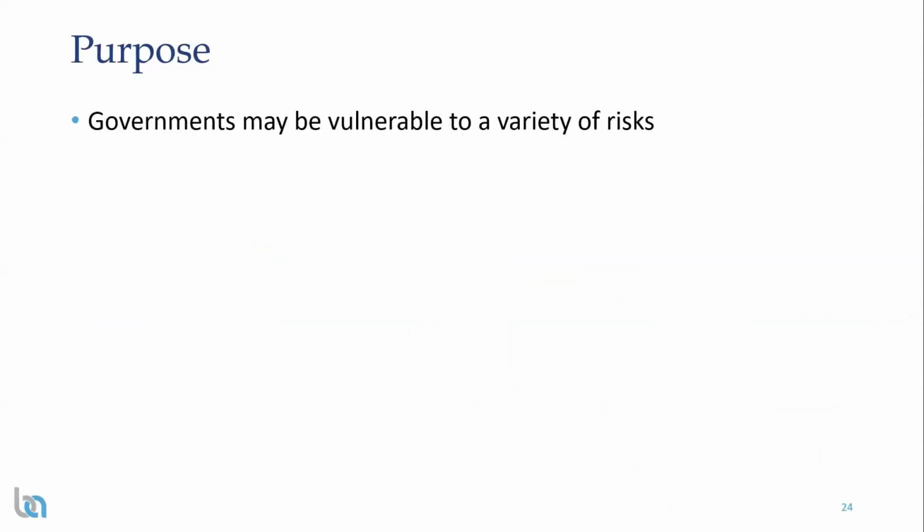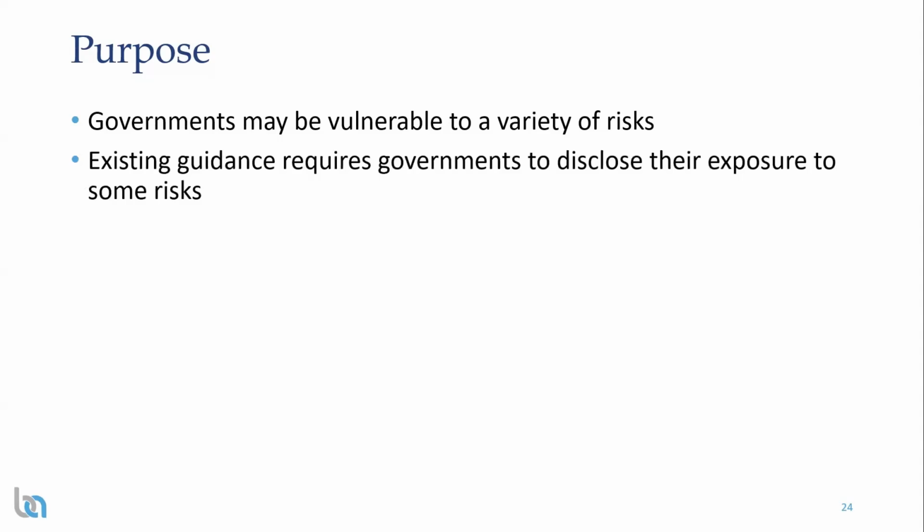All right. So now we move on to GASB 102 and 103. 102 is very simple, and it makes a lot of sense to disclose that. The purpose of 102 is that governments are vulnerable to a variety of risks, and some of the risks are required to be disclosed because of existing standards that require you to disclose some of those risks.